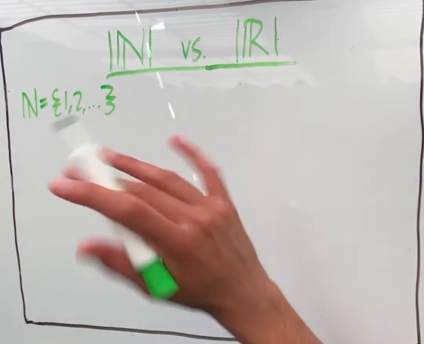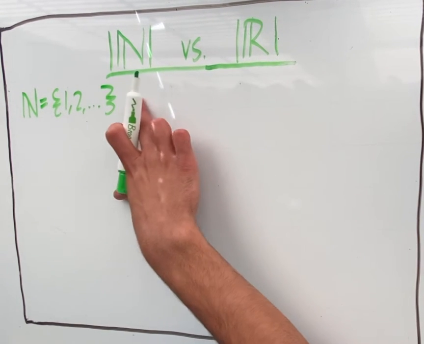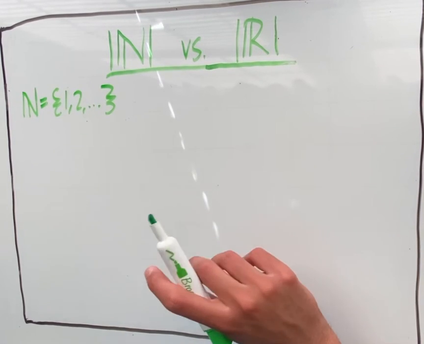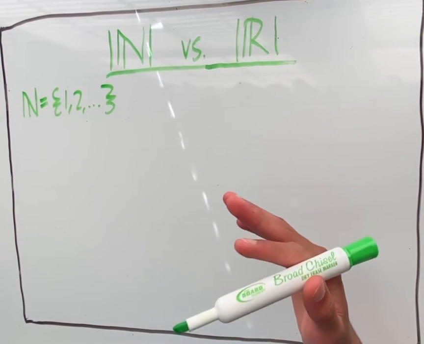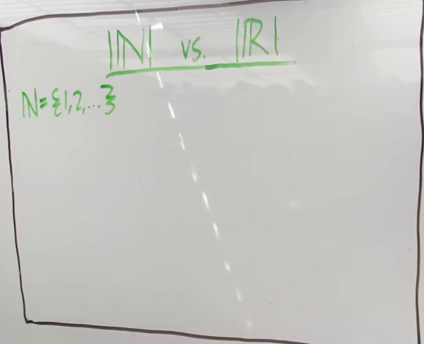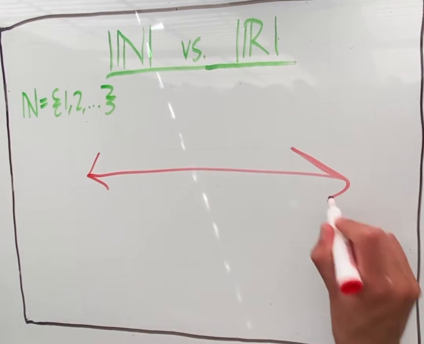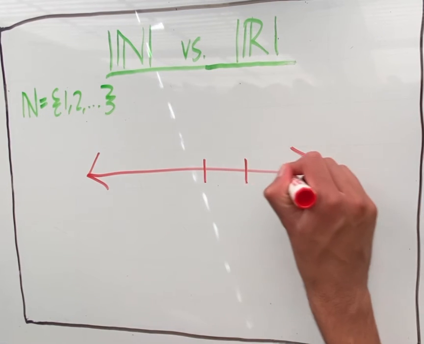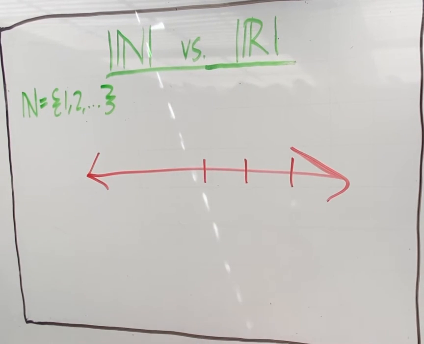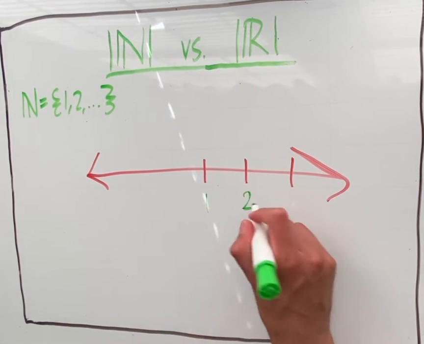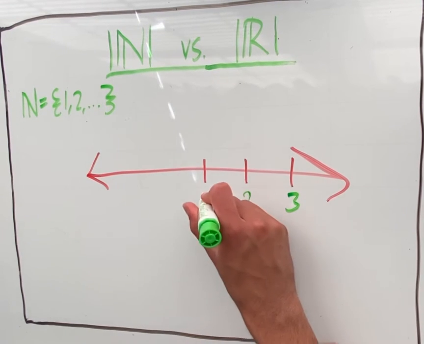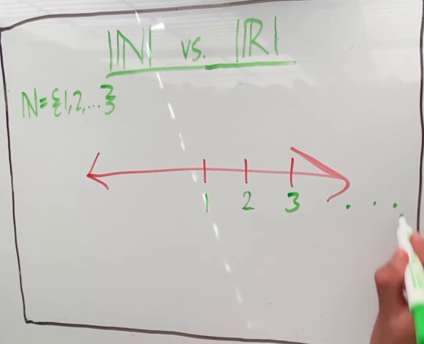So now let's try and compare the cardinality of the naturals with the cardinality of the reals. And recall, again, we can look at the intuition here on a number line, where we have just some natural numbers, which can include 1, 2, 3, and so on, evenly spaced forever.